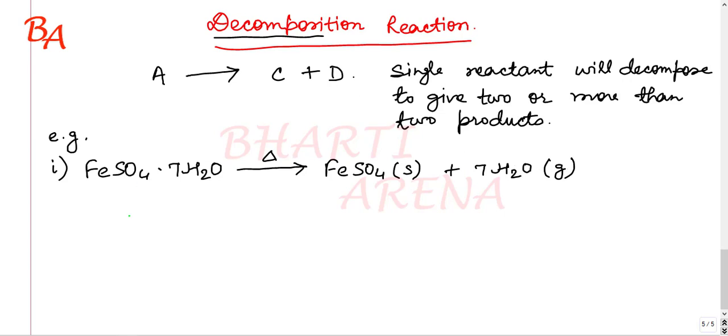Here the color is a very important point. The crystal form is light green, and the color of the iron sulfate solid is white.